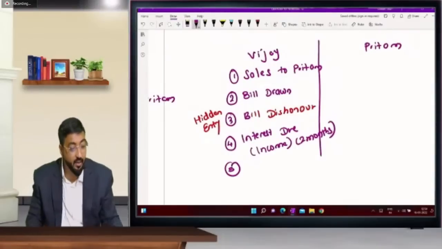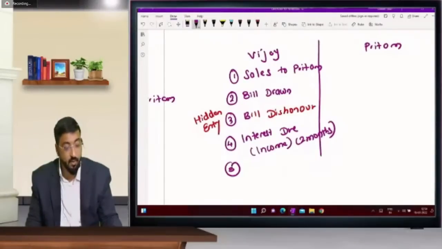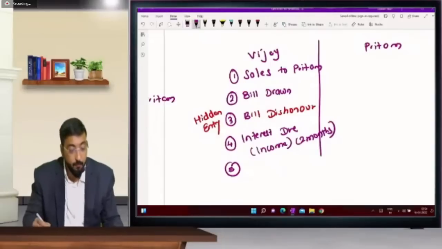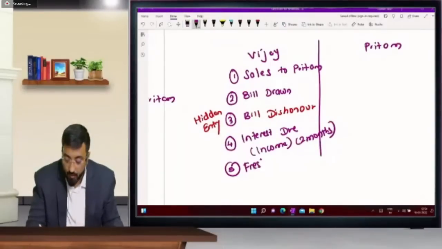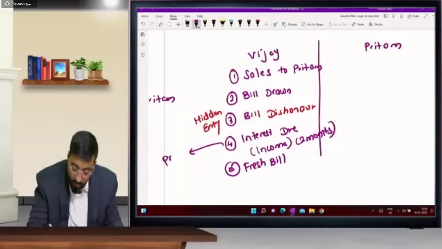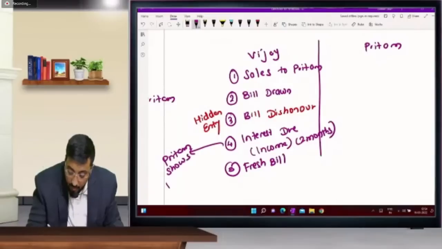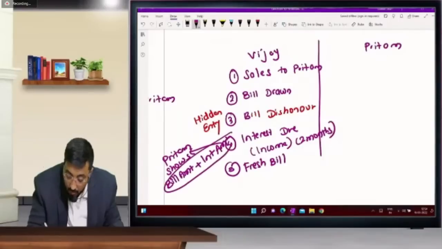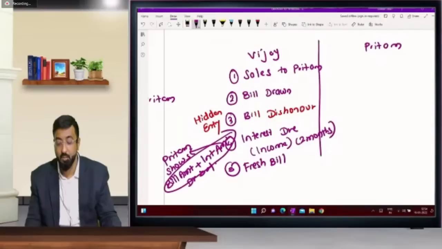Fifth entry, fresh bill. Now here, Pritam shows the bill amount plus interest amount as a debit balance.